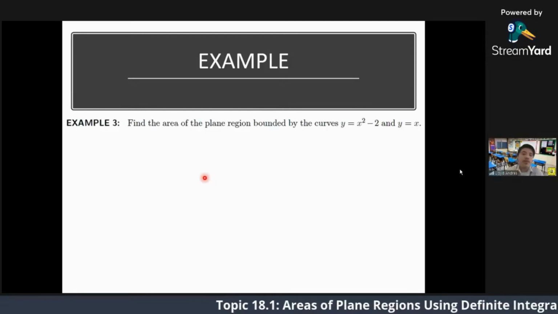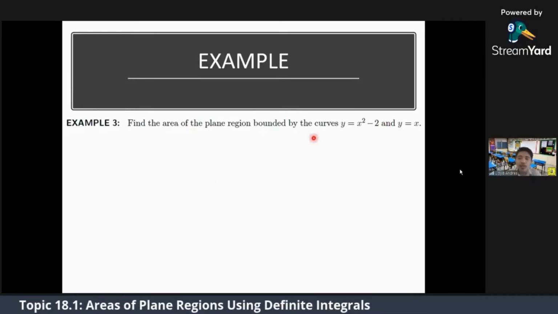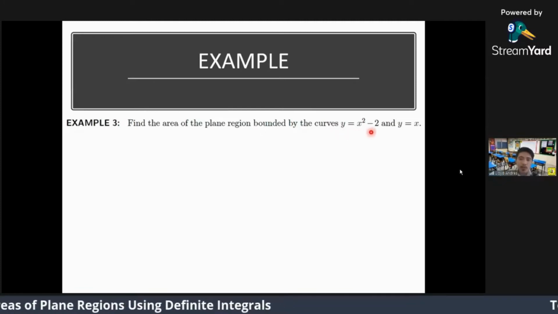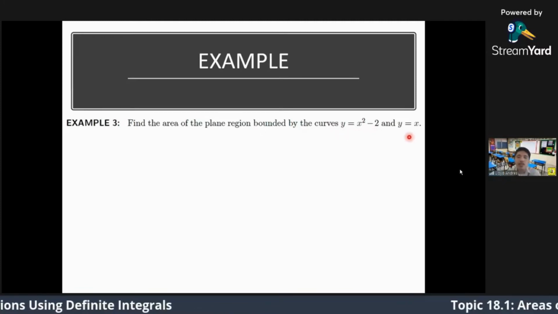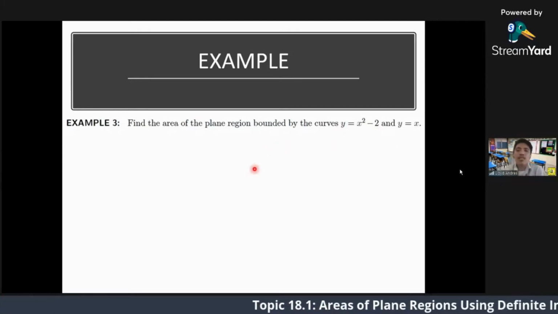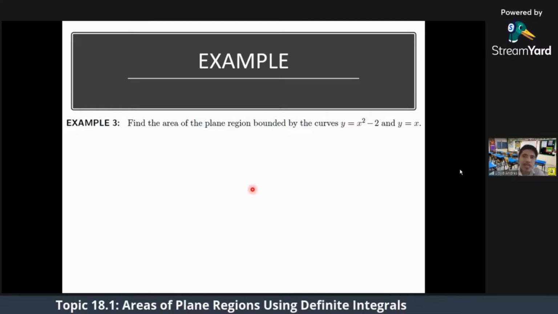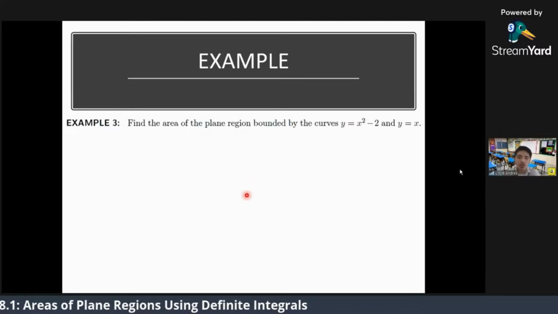So example ta. Find the area of the plane region bounded by the curves y equals x squared minus 2 and y equals x. Medyo challenging lang ni kay naa tay mga previous na skill nga dapat i-gamit.